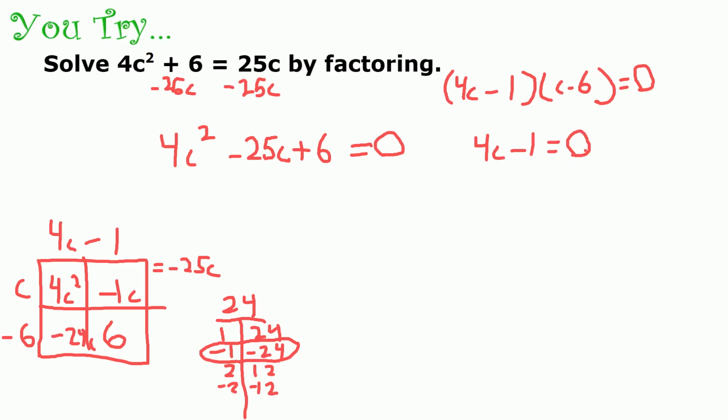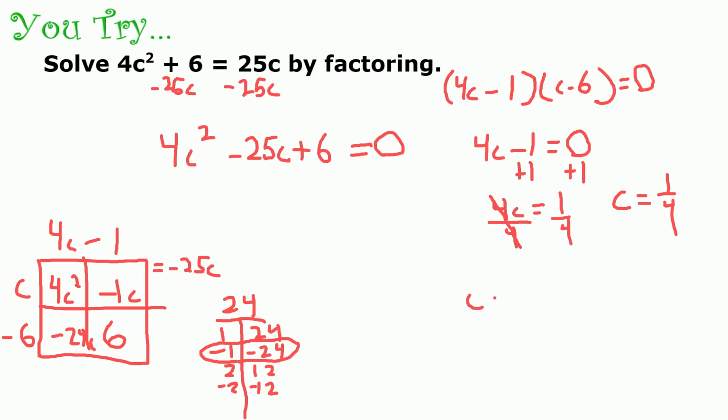I have to move this 1 over. I create a 0 pair. That gives me 4c is equal to 1. Now, to get rid of this 4, I'm multiplying on this side, so I need to divide on both sides. It's going to cancel on this left side, and c is equal to 1/4.